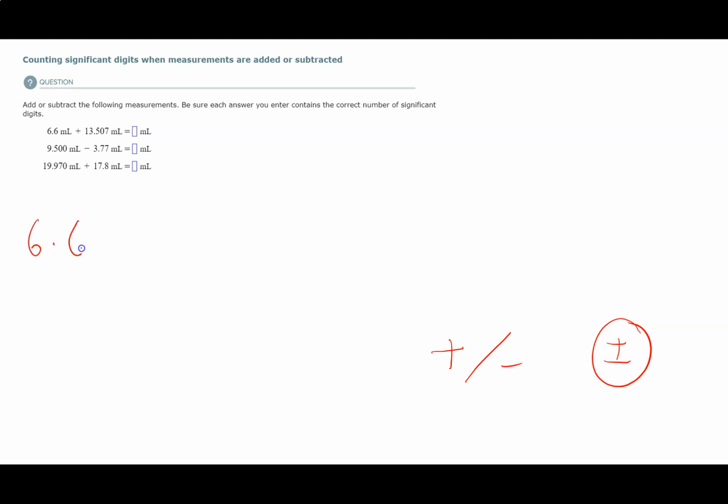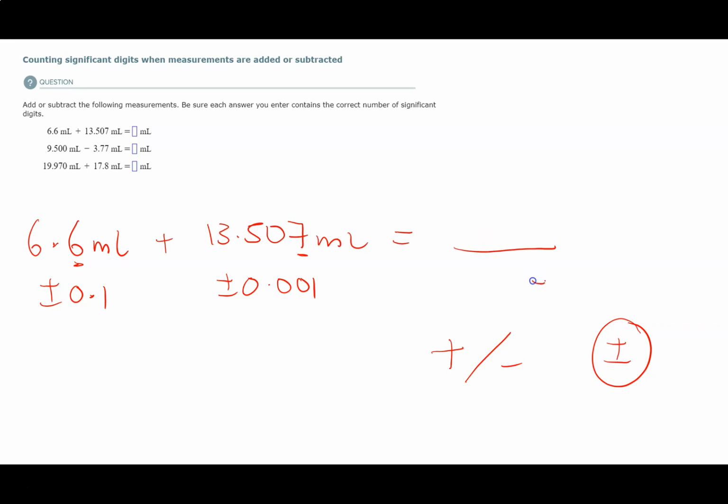So 6.6 milliliters, there's your last significant figure, so that is plus or minus 0.1, plus 13.507 milliliters, and then that guy goes out to the 0.001s. So our answer is going to get cut off at the 0.1s.